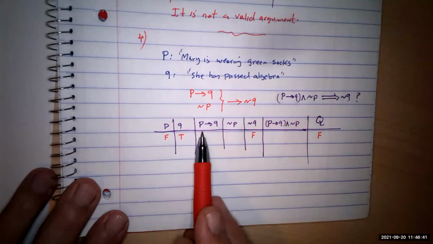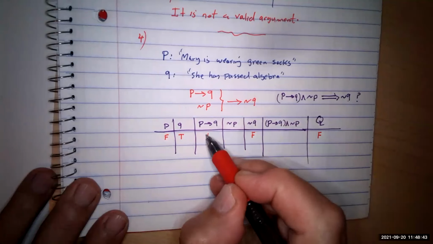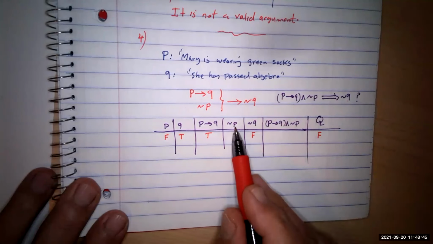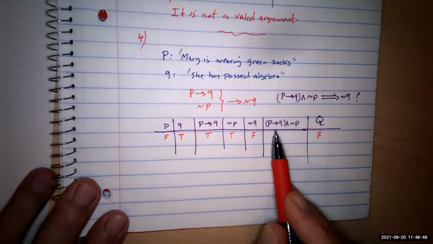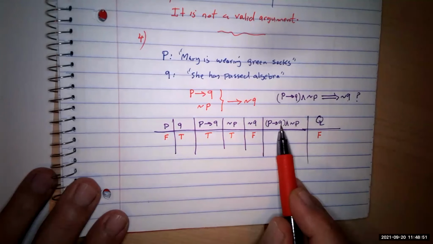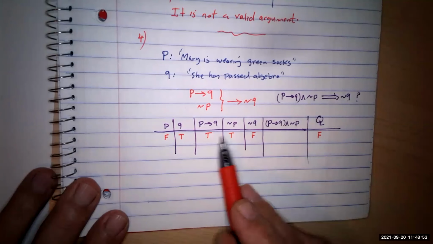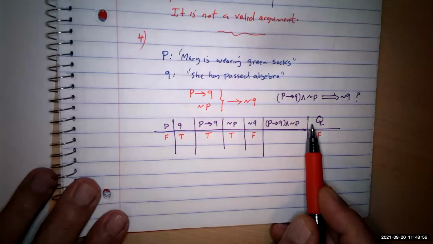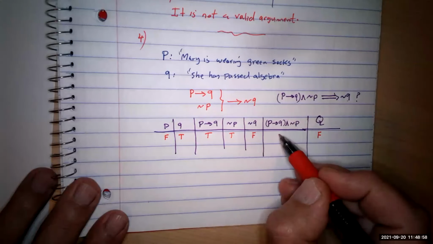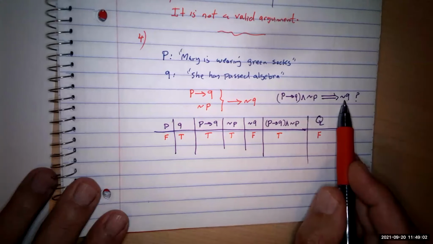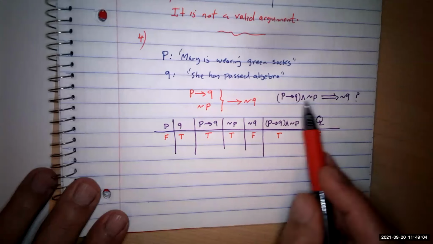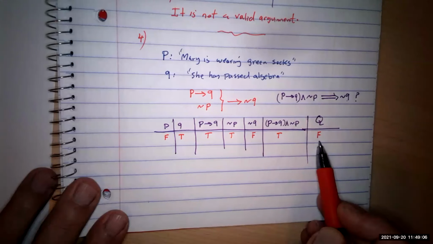Going from the false that gives you true, not P here is going to be true. So what we have over here, you see, if P then Q is true, but then not P is also true, so it's going to be true. But this is false. True, false gives you false.